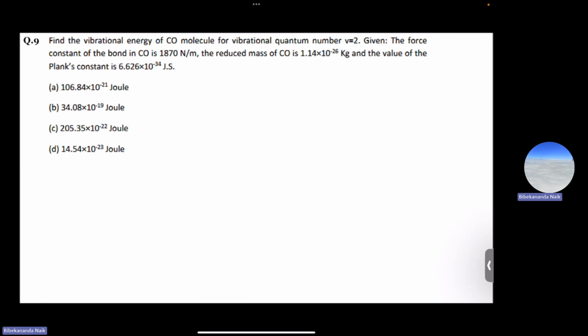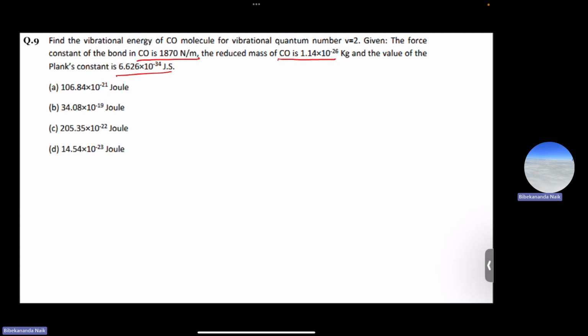Question number 9 says: find the vibrational energy of carbon monoxide molecule for vibrational quantum number V equals 2. Given the force constant of the bond in CO is 1870 Newton per meter and the reduced mass of CO is 1.14 into 10 to the power minus 26 kg, and the value of Planck's constant is 6.627 into 10 to the power minus 34 joule second.